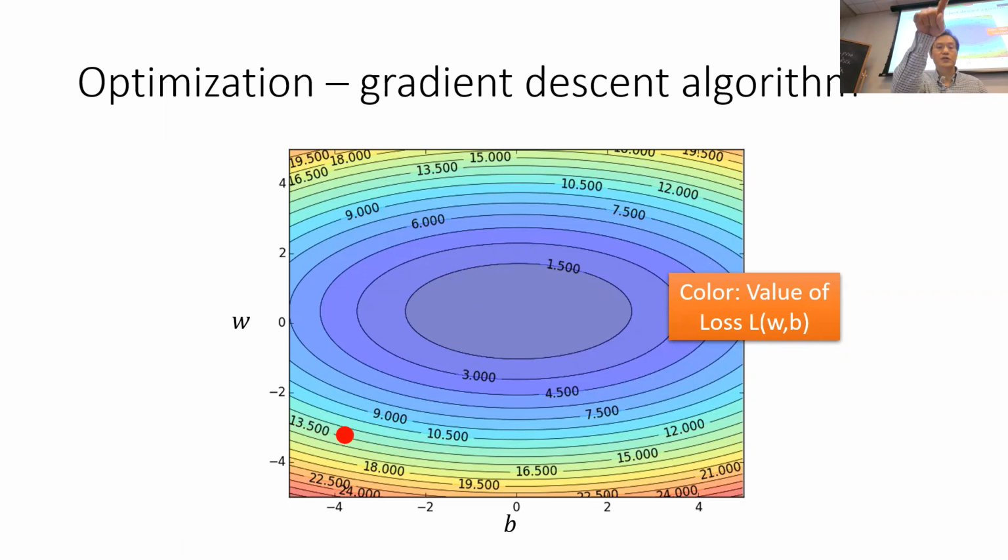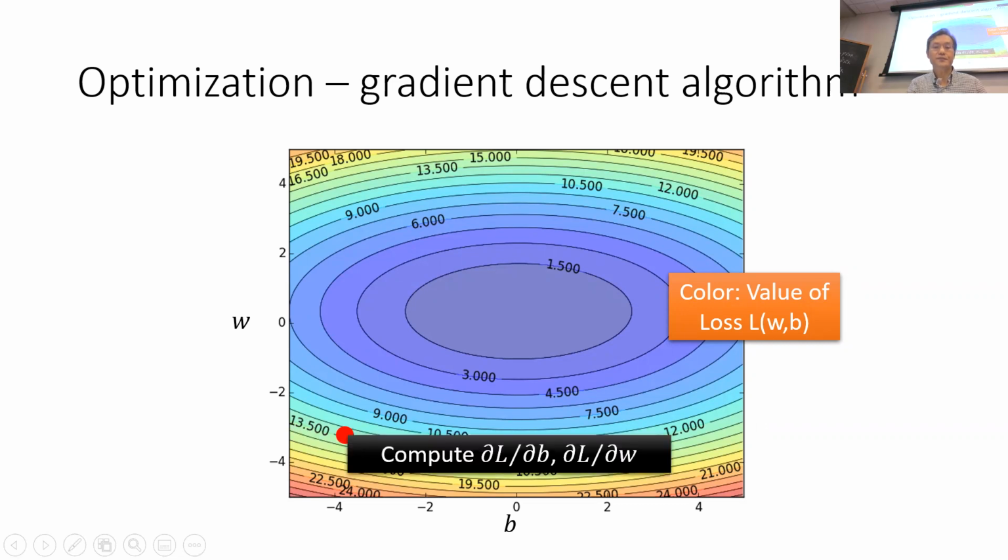Your initial guess is somewhere, maybe here, the combination of, say, -3 something and -3 something for B and W. Then you calculate the value, which is 13.5. That's your L function value.